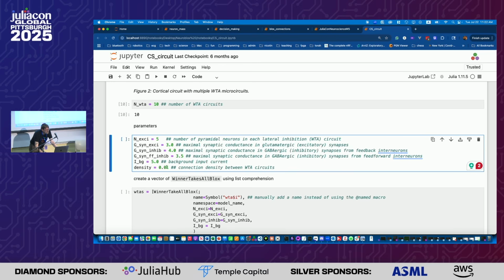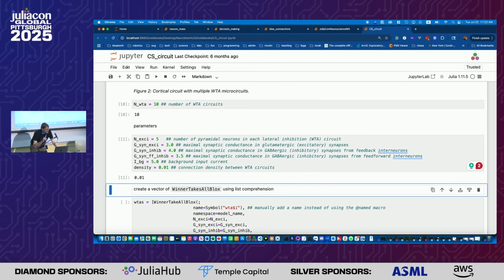So the density is only 1/100th. So we're only connecting essentially a 1/100th of all possible connections, right? That you have to understand. So you can either say each neuron is connected to an average number of other neurons, or you can say there's a probability of 1% of all the possible connections, right?